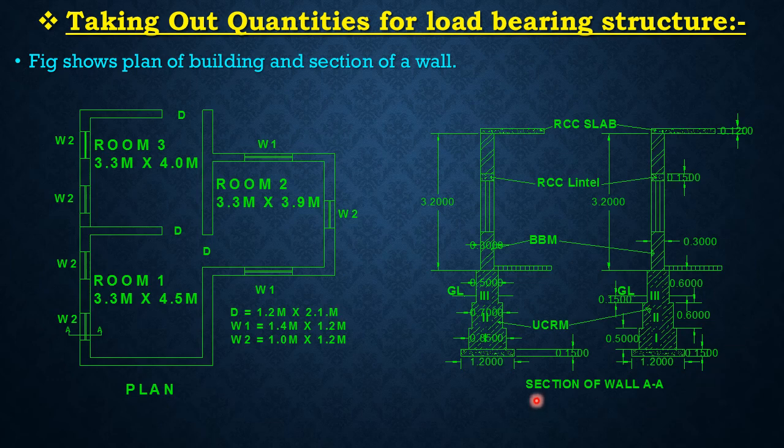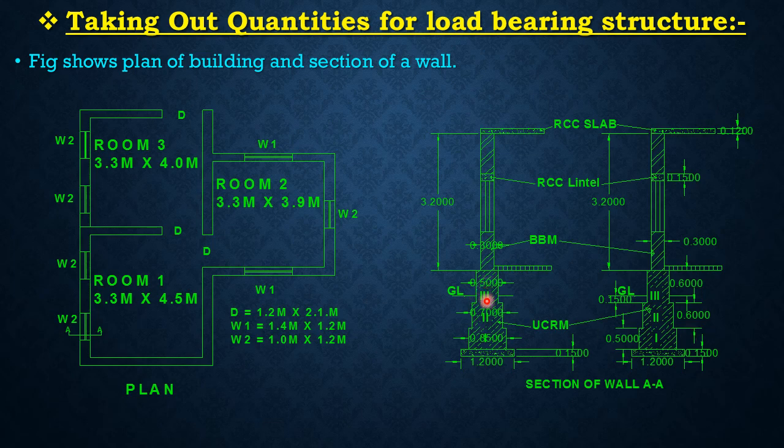This is a section of wall. This is a foundation having UCR masonry of 3 stepped footings. The width of the first footing is 0.85 meter and depth is 0.50 meter. Then the second width is 0.70 meter and depth is 0.6 meter.